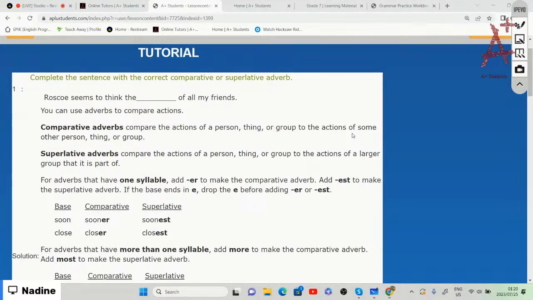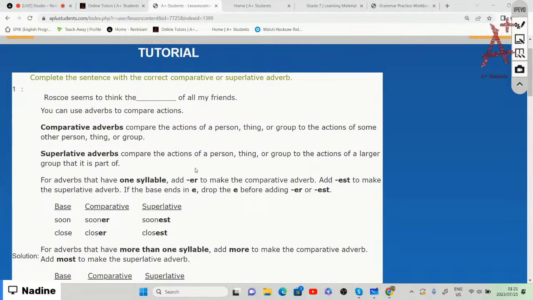So to a superlative adverb we add est, and to a comparative adverb we add er. Because with comparative, we are comparing it to one person, and with superlative, we are comparing our actions to a larger group, more than one person. So with comparative, we add er to the word, and with superlative, we add est.